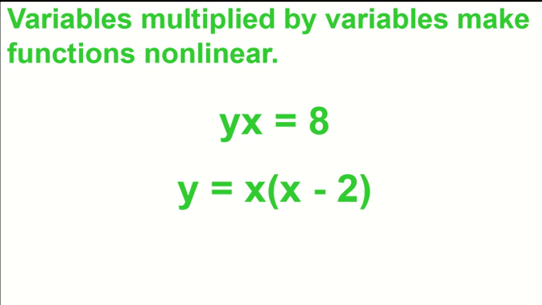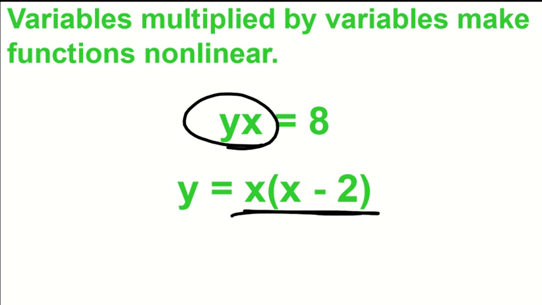Variables multiplied by variables. That's going to make an equation nonlinear as well. So it could be x times y or y times x. Sometimes what you see, though, is with parentheses. When we have parentheses, we do the distributive property, right? When we distribute, what type of math do we do? Multiply, right?